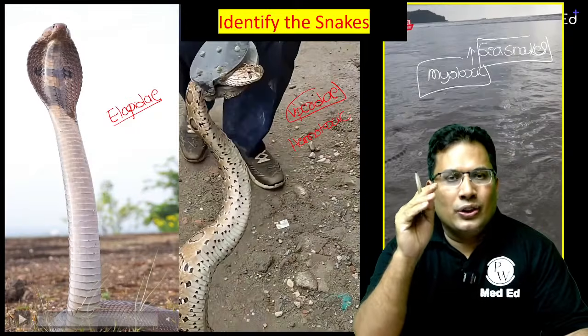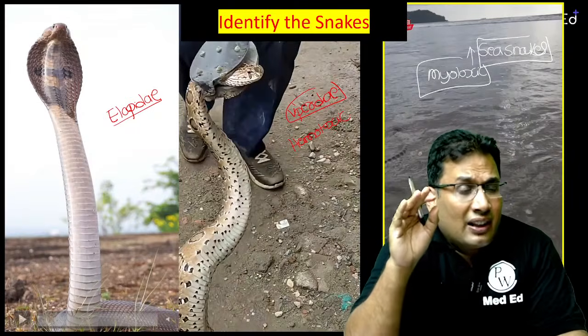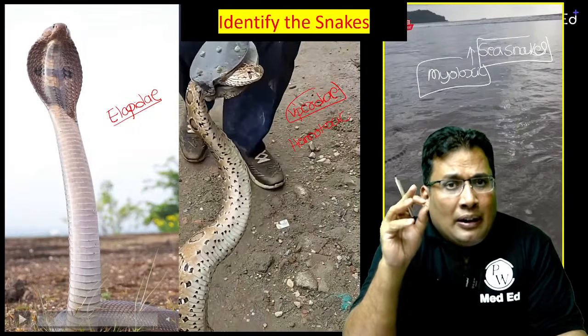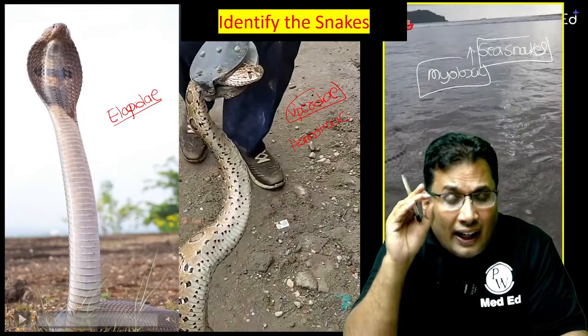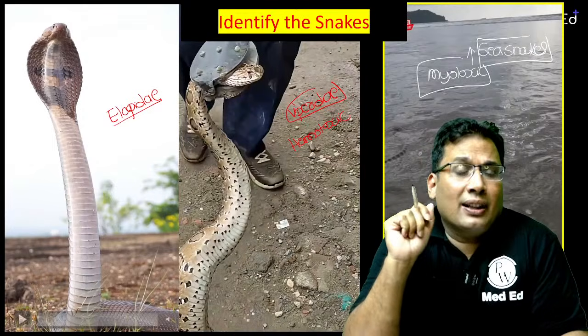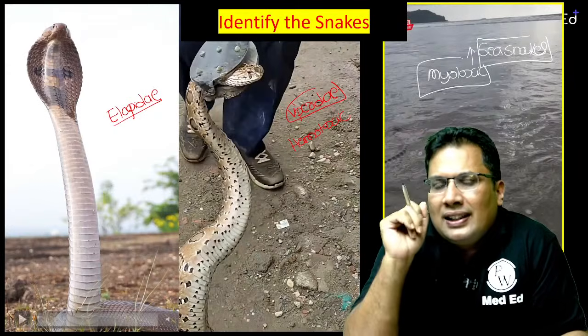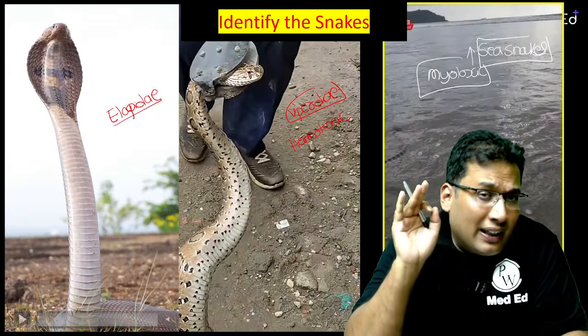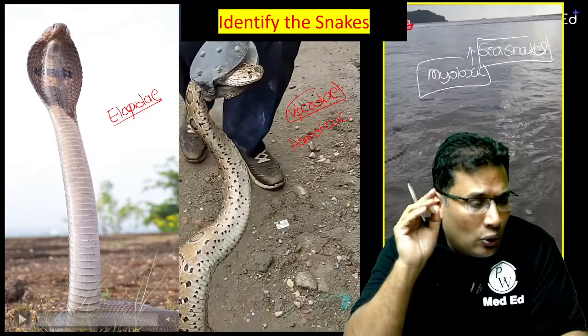Okay, so the venomous snakes are classified into Elapidae, Viperidae and Hydrophiidae. Hydrophiidae example is sea snake, Viperidae example is viper, and Elapidae examples are common krait and common cobra.